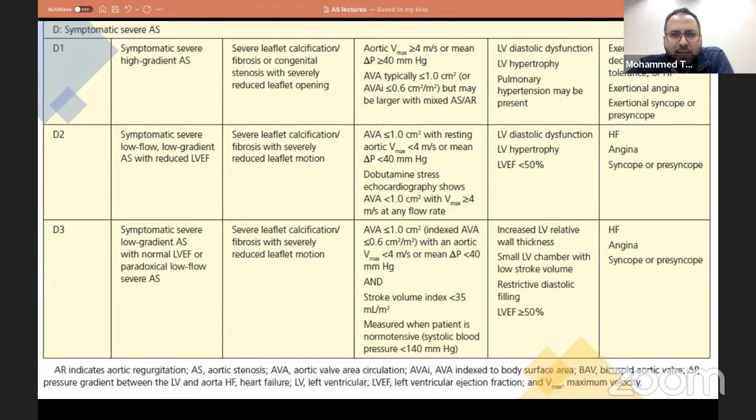But it gets more complicated when we talk about low flow, low gradient people, okay?